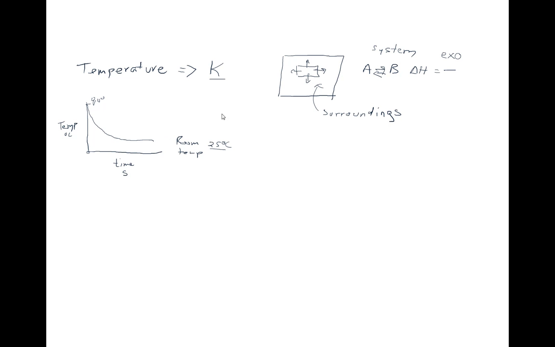So thinking about this and thinking about the problem up here and the relationship between temperature and the equilibrium constant, if we increase the temperature of the surroundings, what's going to happen to the equilibrium constant for this reaction? Do you think the products will be favored more, or do you think the reactant will be favored more?